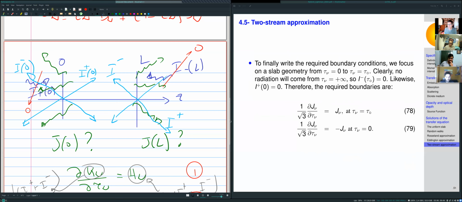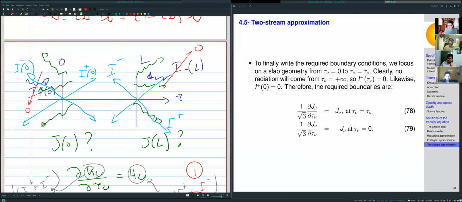And so the boundary condition at 0 should be given by these requirements. So I plus at 0 is 0, and I minus at this coordinate L, which I call tau naught here, should be 0. So nothing should be coming from plus infinity.